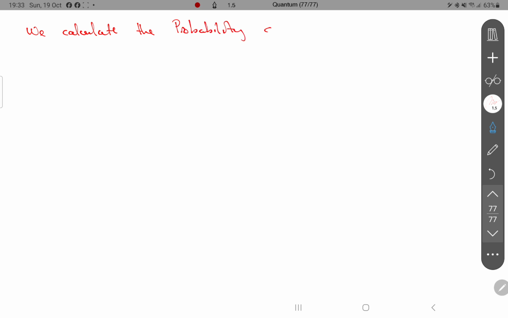Probability density is psi of x squared, which is given, from the theory, as psi of x multiplied by psi conjugate of x. So what do we have?